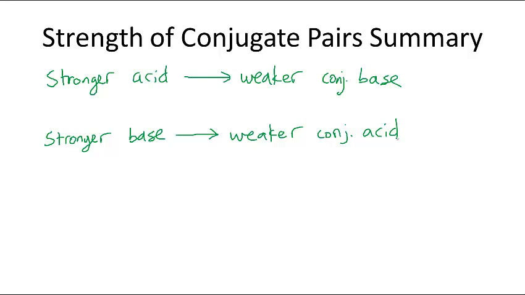And I can't emphasize enough, I'm talking in relative terms here, so stronger, weaker, because our language sucks. When we say just strong, it means this different thing. It means super duper infinitely strong. So don't get it in your head that a strong acid has a weak conjugate base. We just said a strong acid actually has a non-conjugate base. So always think in relative terms. The stronger one thing is, the weaker its conjugate is.